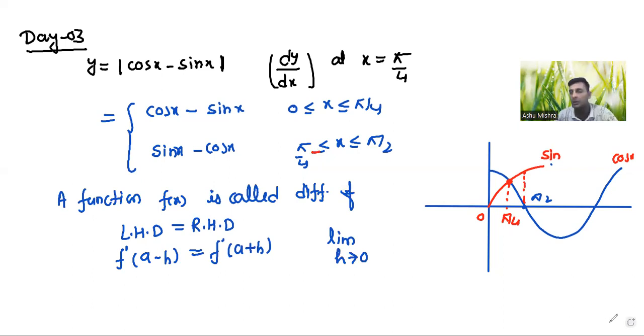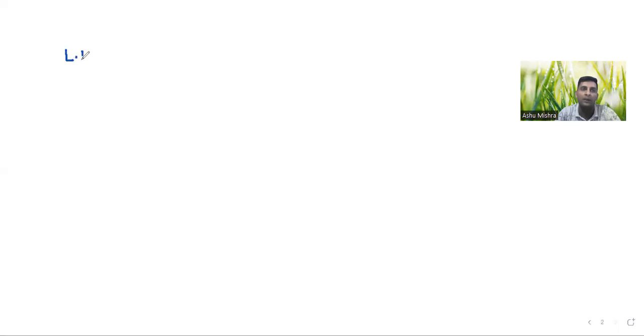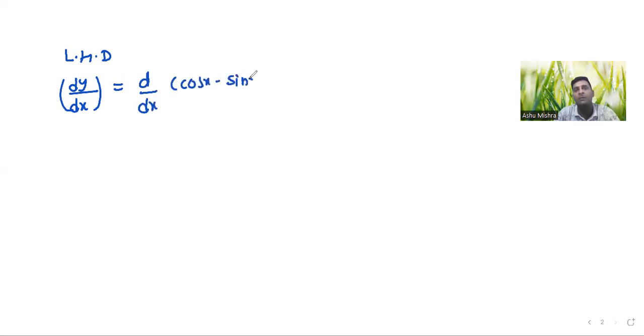Now in this question, if I calculate the left hand derivative, dy over dx will be the derivative of cos x minus sin x.